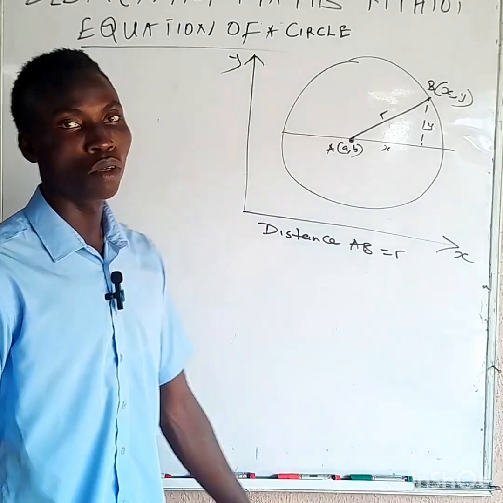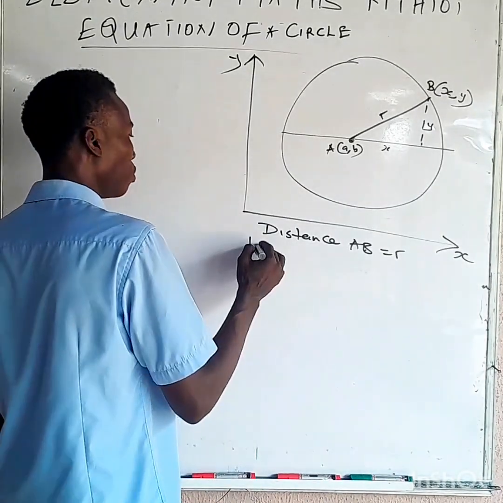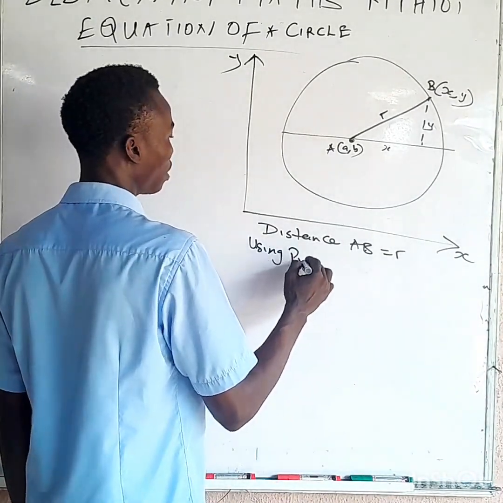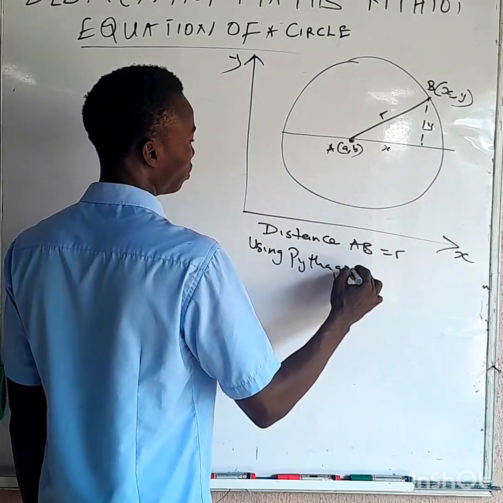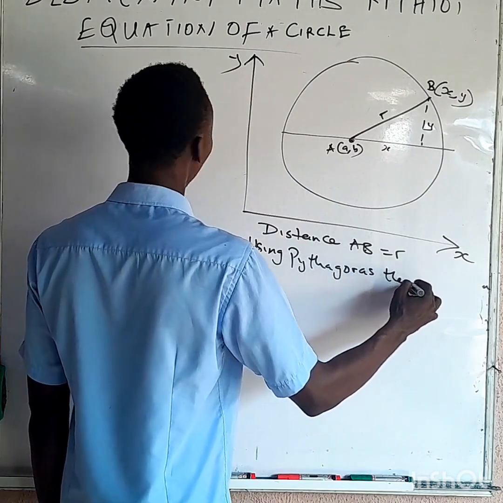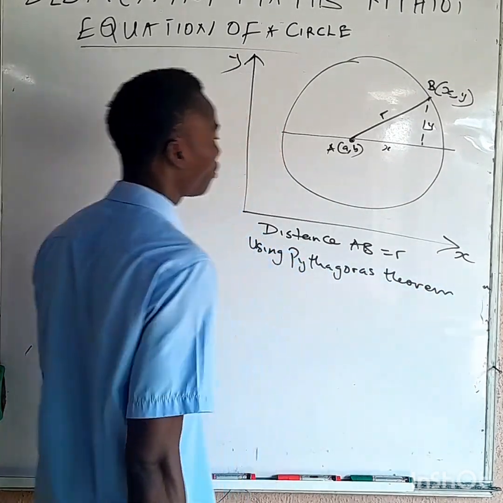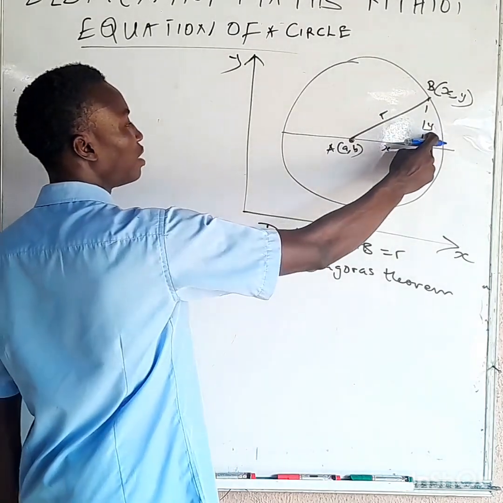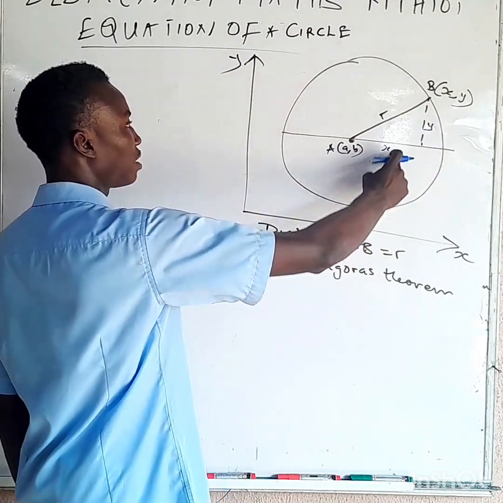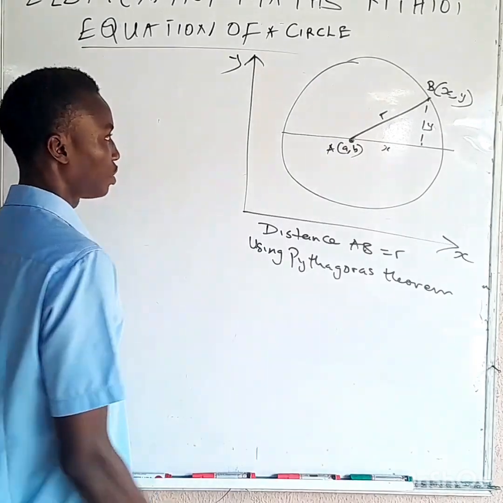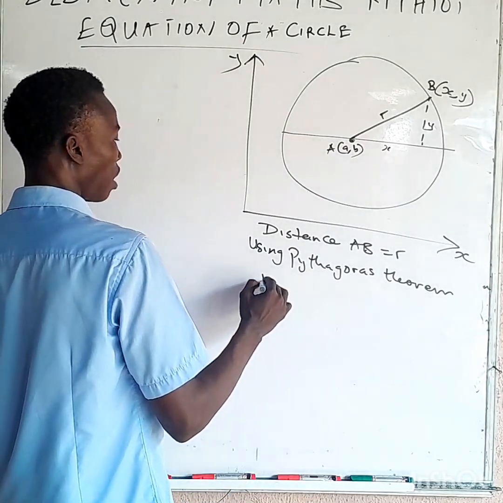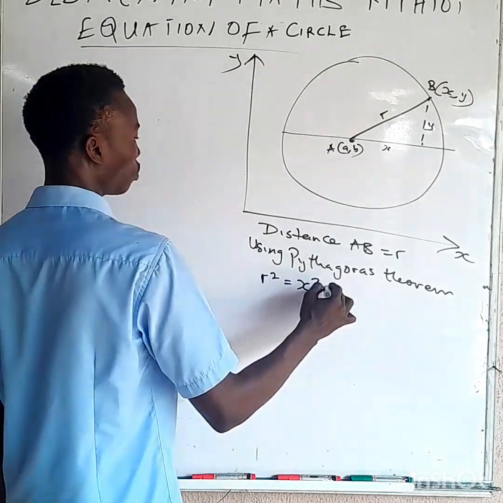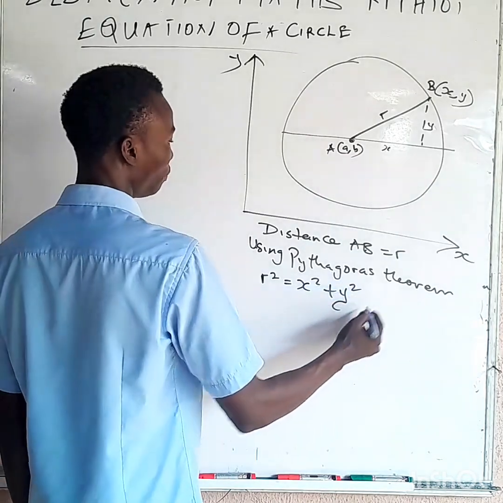If distance AB is equal to r, then using Pythagoras theorem, this is what we are going to have there. Remember, this is your opposite, your adjacent and your hypotenuse. So we are going to have r squared equals x squared plus y squared.